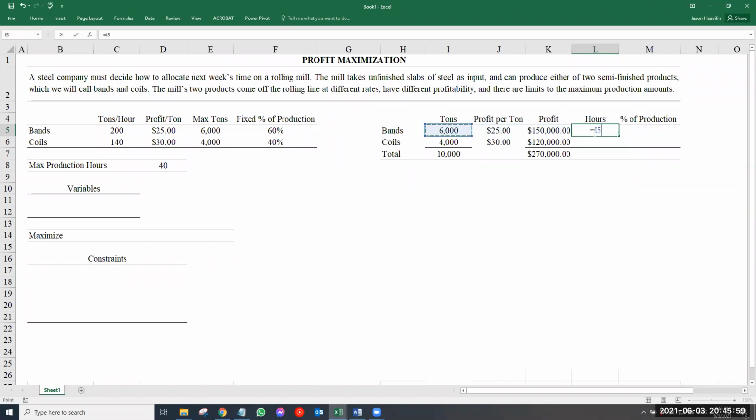If I produce 6,000 tons and it takes me 1 hour to produce 200, then I need to divide the 6,000 by the 200 to get the number of hours. That would take me 30 hours to produce 6,000 tons.